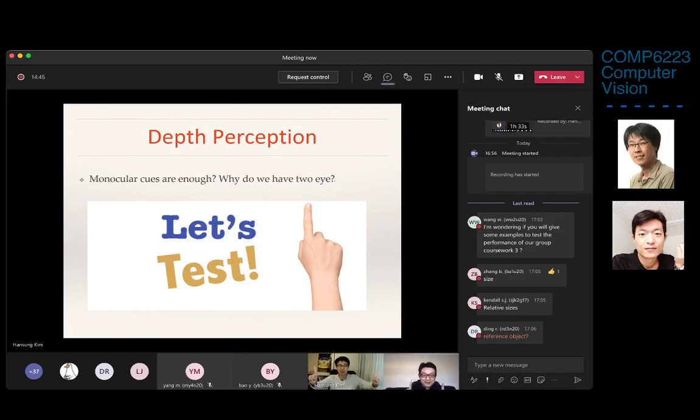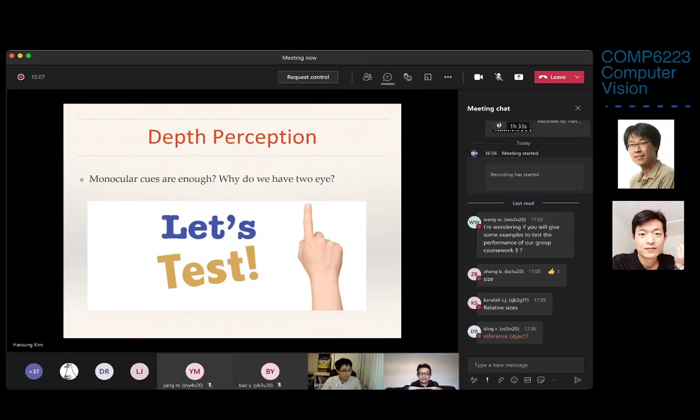Keep your eye closed, and then try to meet them together. Just like this, close your eye, hold up, and then try to meet them together. How many people were successful in your first trial in meeting them?